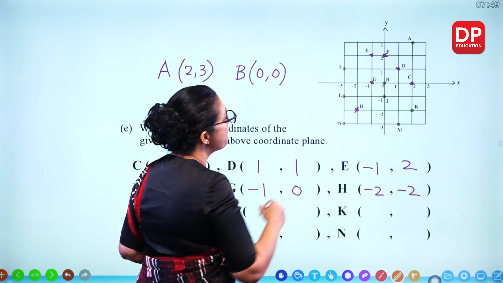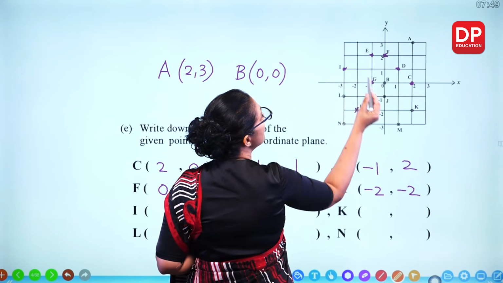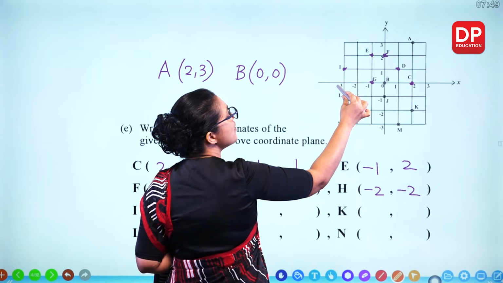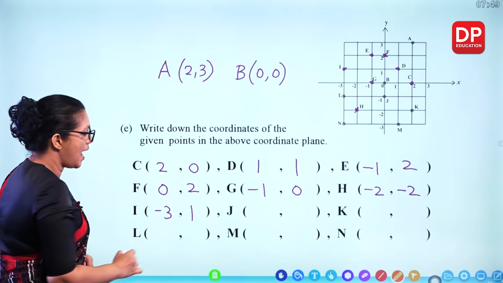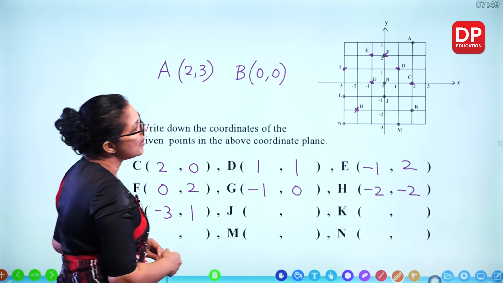I, where's I? Here. 3 squares to the left and 1 up: (-3, 1). Which one is J?